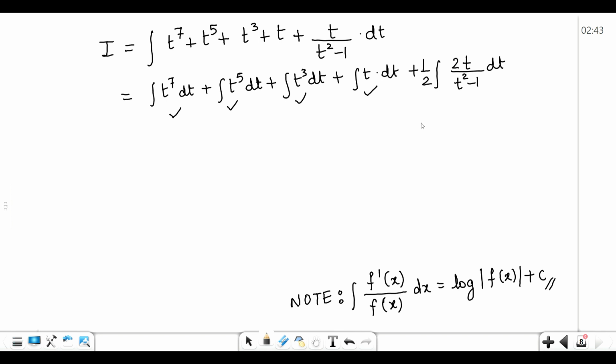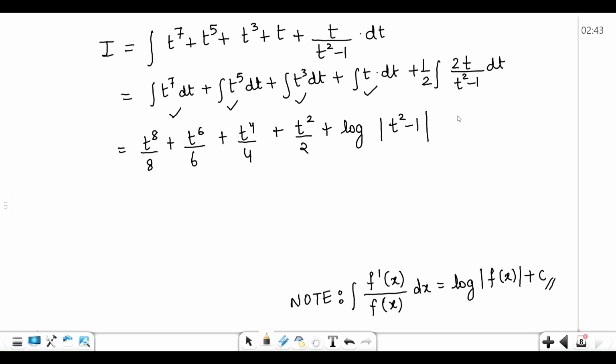Okay, so now this becomes t to the power 8 upon 8, t to the power 6 upon 6, we are applying the power formula, t to the power 4 upon 4, t to the power 2 upon 2, and this will be log of t square minus 1, the original function that we have in the denominator, plus c.